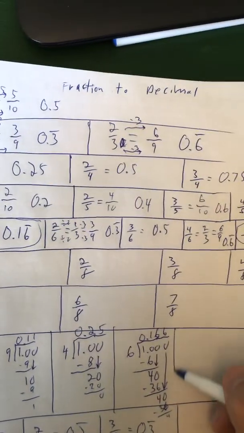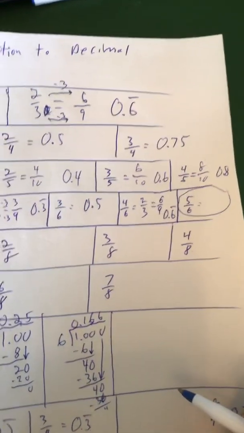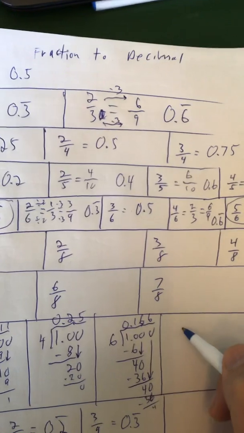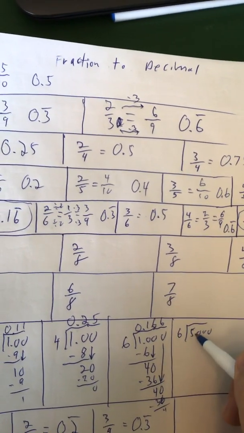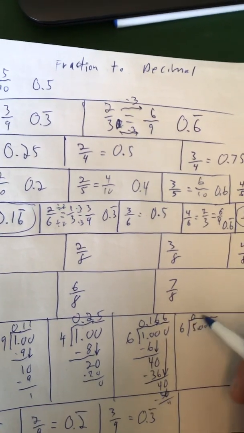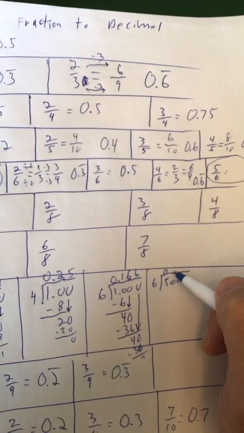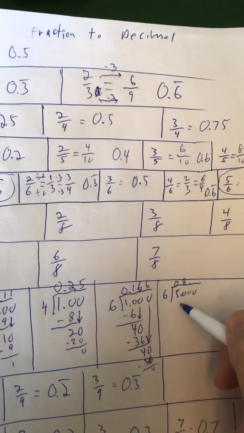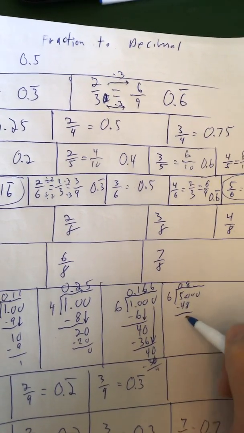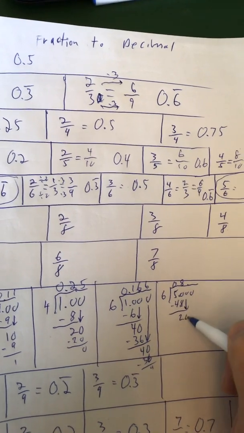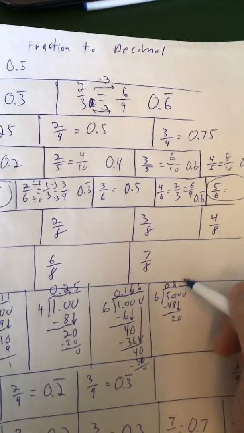And then here, 5/6. I'm going to actually have to do the dividing. 5 goes inside, 6 goes outside. I'm going to add 3 zeros. How many times does 6 go into 50? 6 times 8 is 48. 50 minus 48 is 2. Bring down the next 0. 6 goes into 20 3 times.